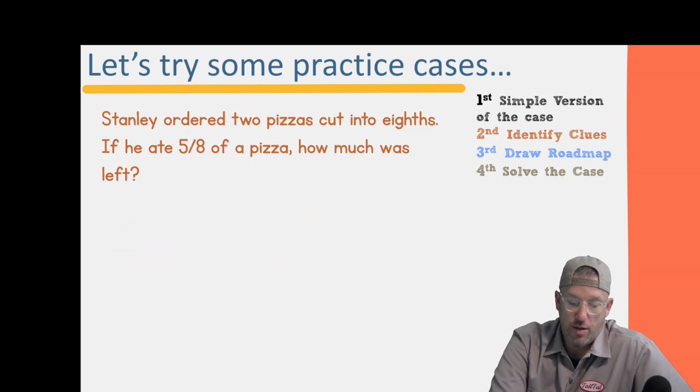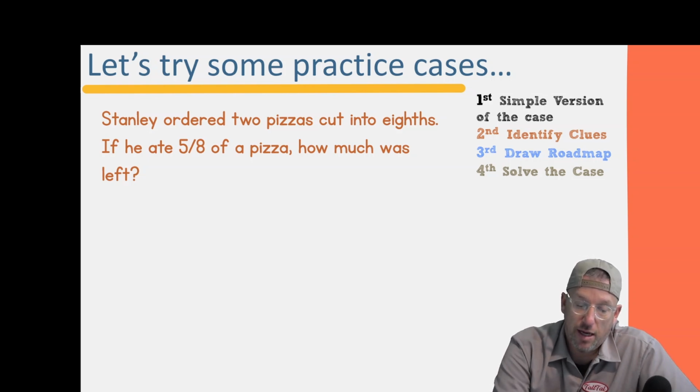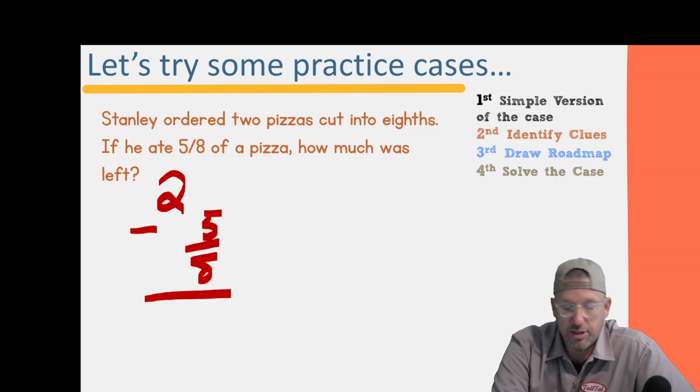All right, what were we doing? We were subtracting. So we were taking 2 pizzas. And we were subtracting 5/8 of a pizza, because that's how much he ate. All right, I'm going to make this smaller real quick because you're going to have a tough time seeing what I convert this into. So we can't take 5/8 away from nothing. So we have to borrow from our big whole number over here.